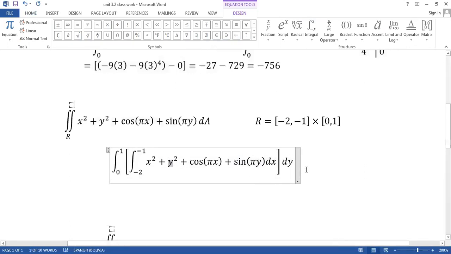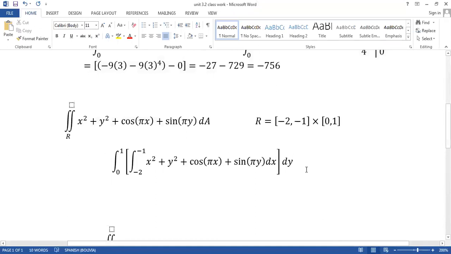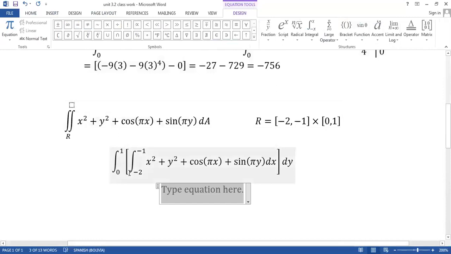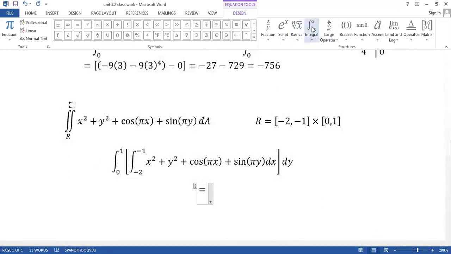All right. Because I know that there's something coming, let me do it step by step. So what we have there is going to be equal to the integral from 0 to 1.